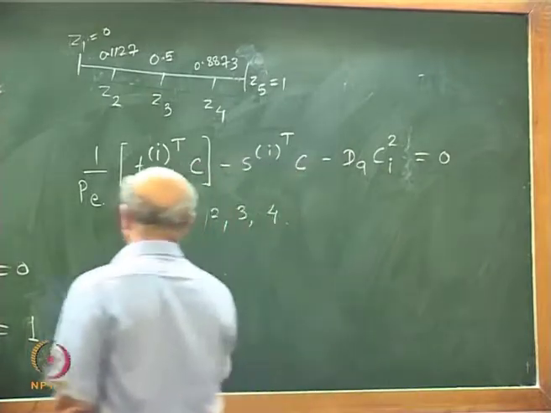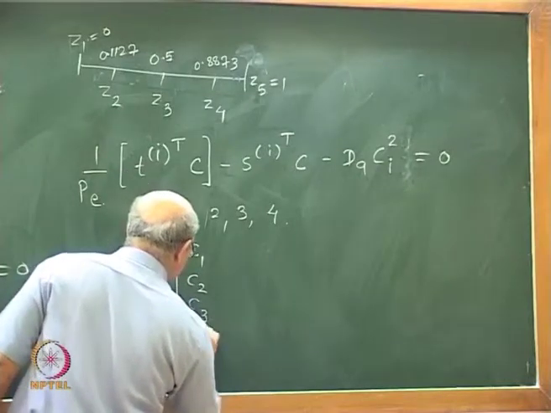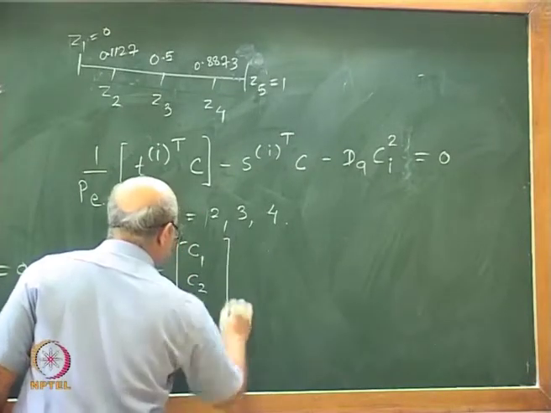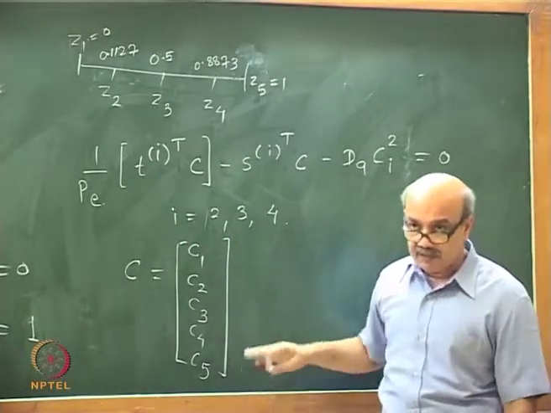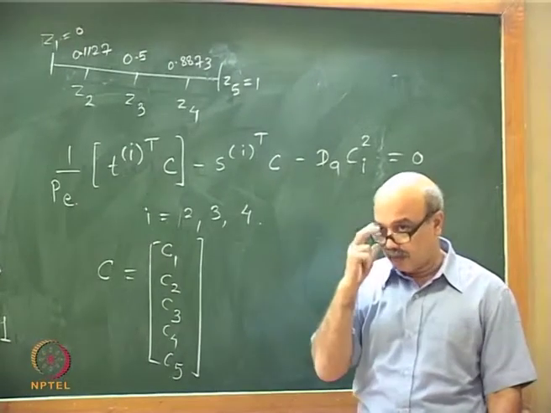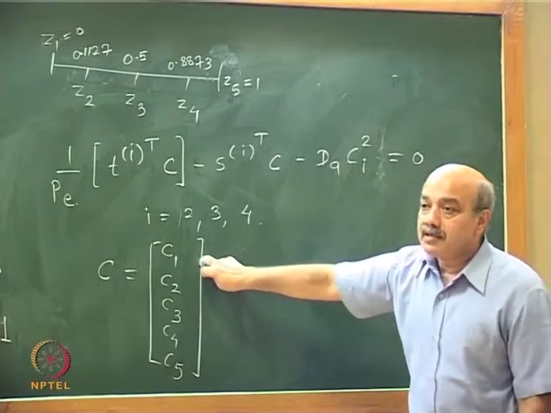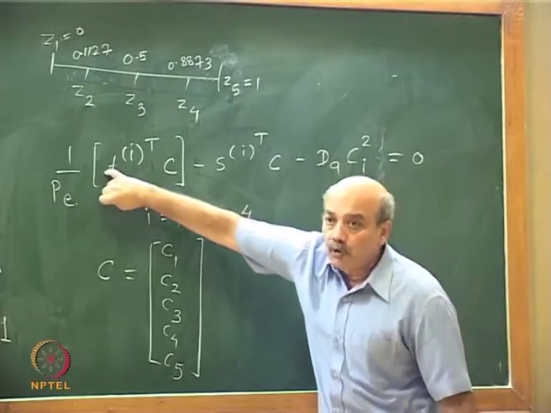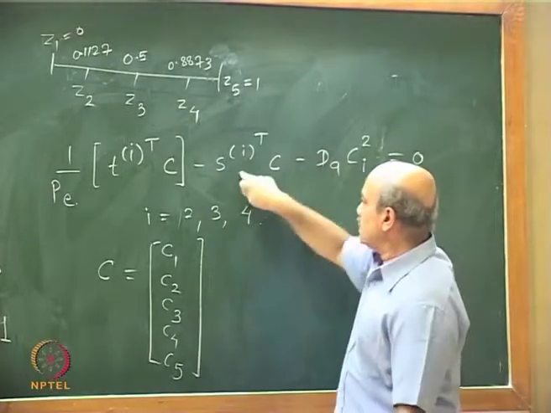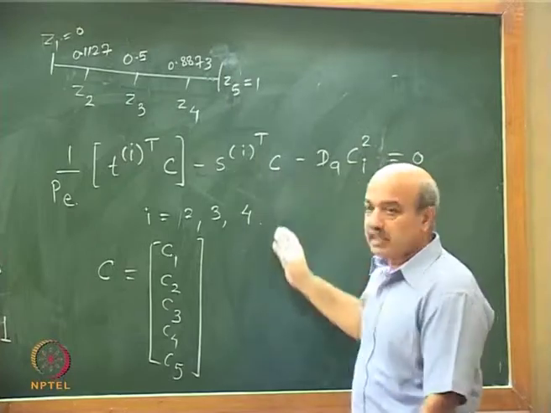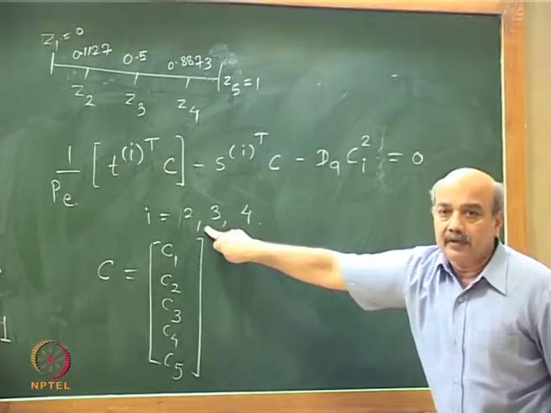What is the C vector? C vector now consists of C1, C2, C3, C4 and C5. So this row times C1, C2, C3, C4, C5, plus this row times C1, C2, C3, C4, C5, plus DA C2 square when I equal to 2.